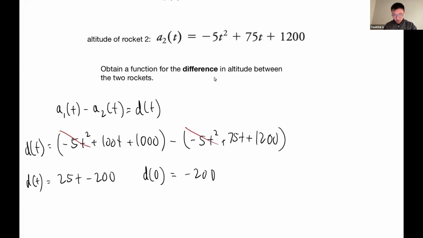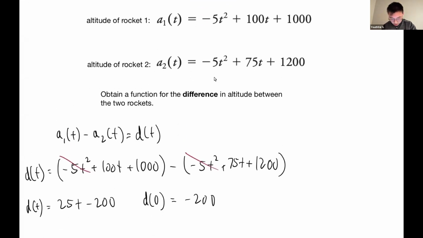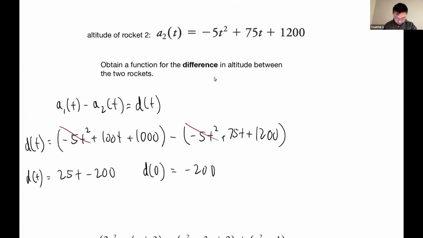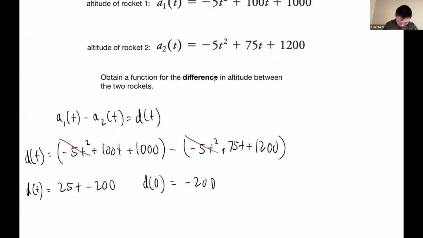I guess that doesn't really make sense before they even launch, but that's what it would say. And then you could calculate d at 8 seconds. You get a difference of 0. So after 8 seconds, the two rockets would be at the same height.